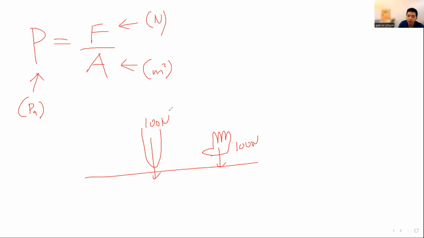For sure, you'll feel a greater pressure from the one finger pressing down on any part of your skin, simply because pressure is dictated by the amount of area in contact. Okay. So obviously, the smaller the area here, the greater the pressure.